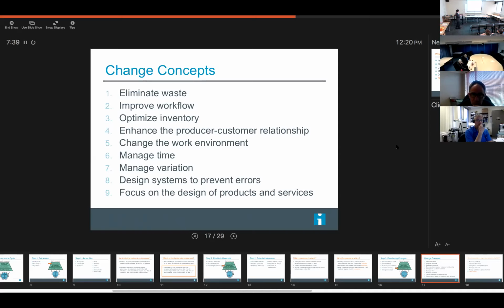One example is managing variation. Variation comes from people doing different things in the same sort of scenario. And the way we manage that, maybe in clinical pathways, is to write out a clinical guideline for how we expect that person to be treated if they present with these sorts of things.